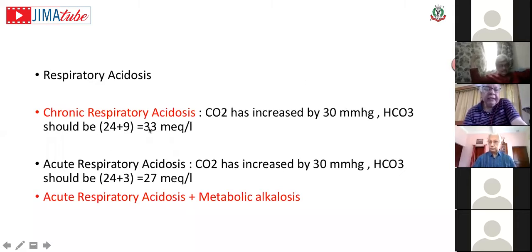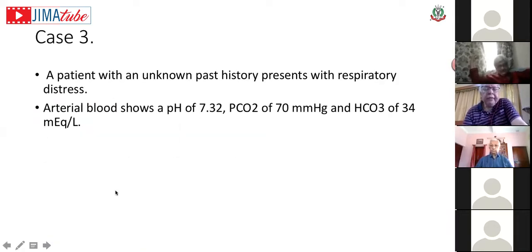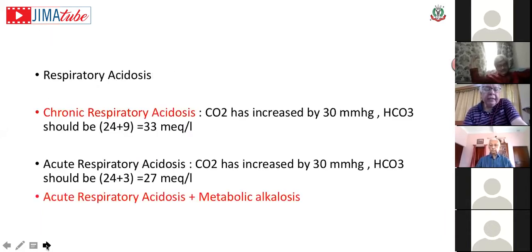So it is 9. So it should have been 33. One right answer would be pure chronic respiratory acidosis because the bicarb was 34, and in chronic respiratory acidosis it should have been 33. So it's more or less the same.